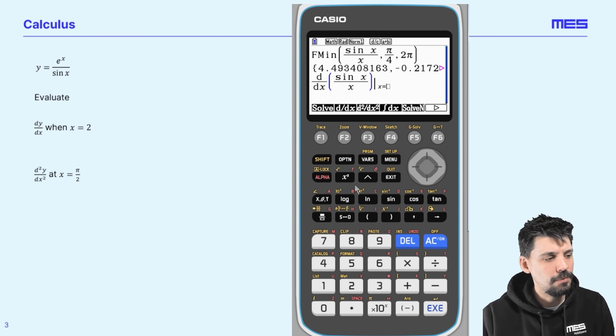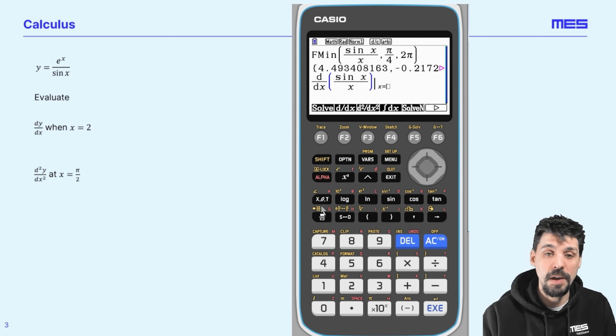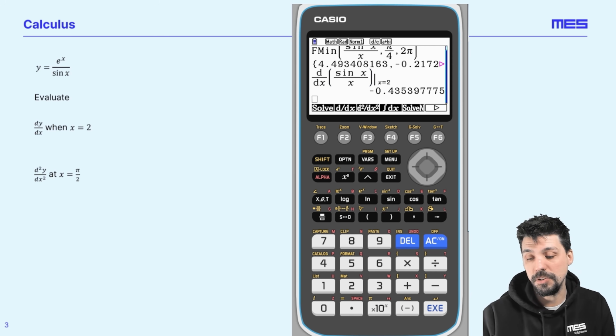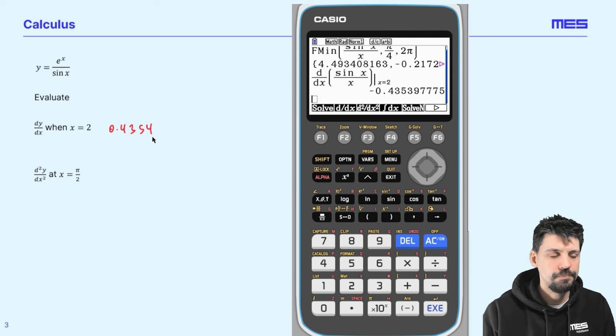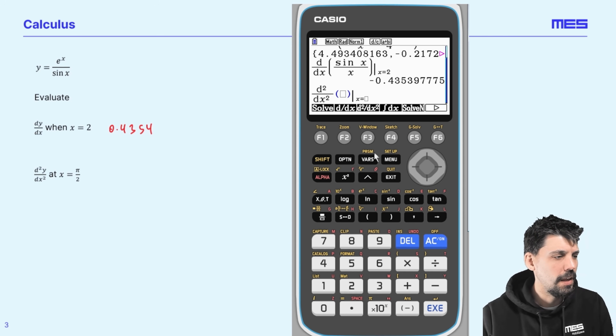But again, the syntax is very easy. I'm using this button here for my variable every time. X is equal to 2. I get minus 0.4354. And in a very similar way, I could find the second derivative. Again, it's fairly intuitive.